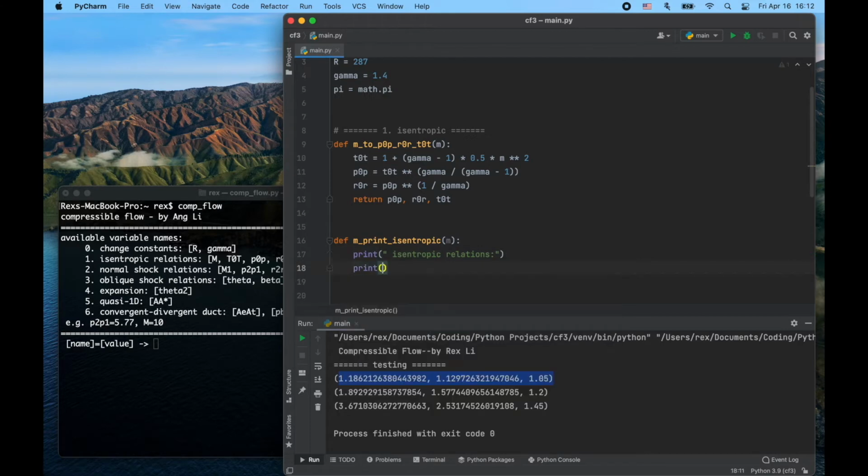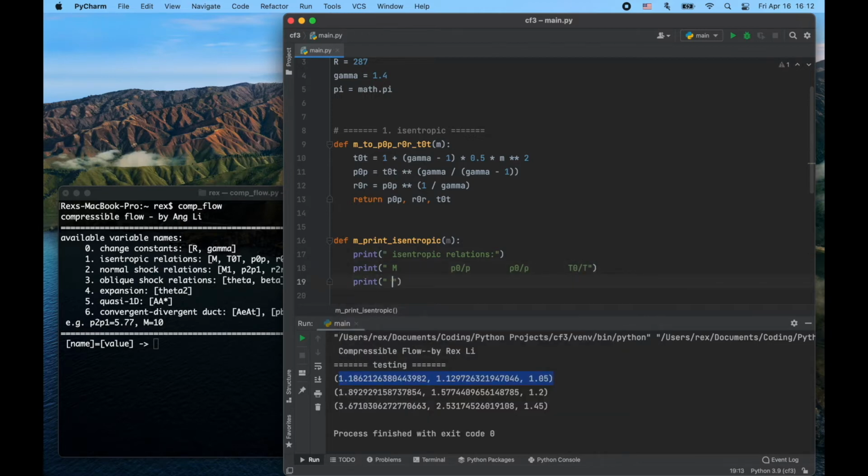And then I print out the variable names, including Mach number, pressure, density ratio, and temperature.